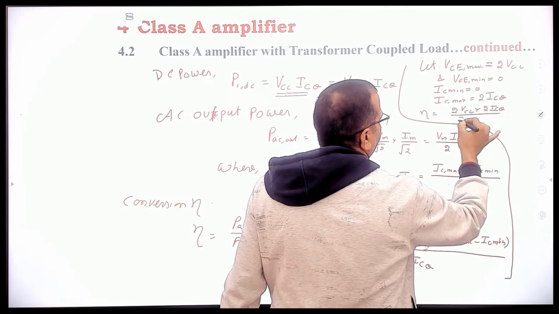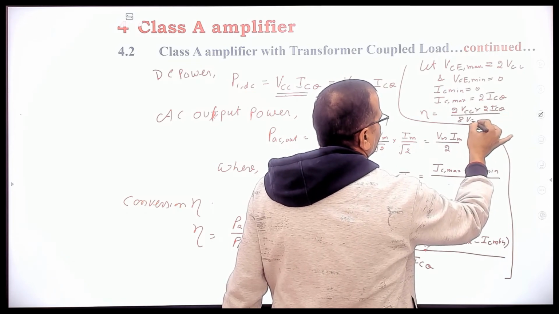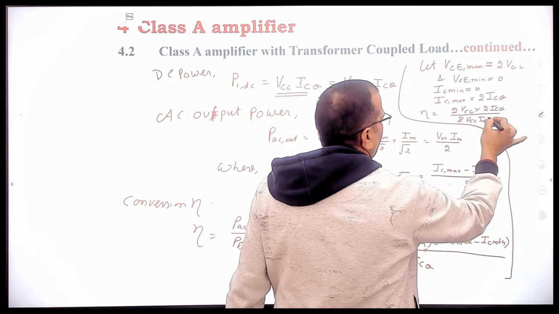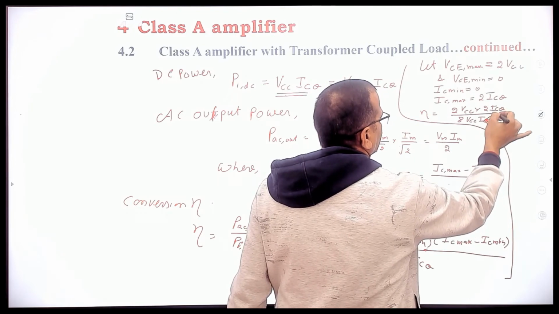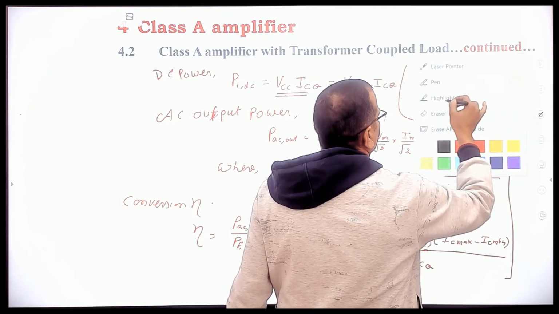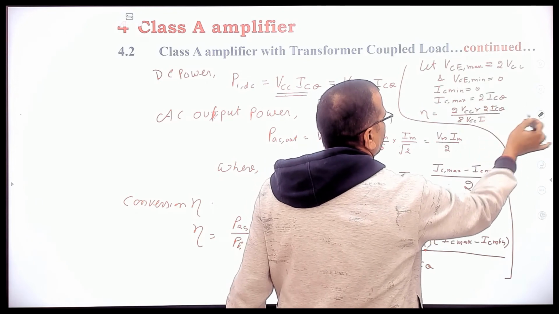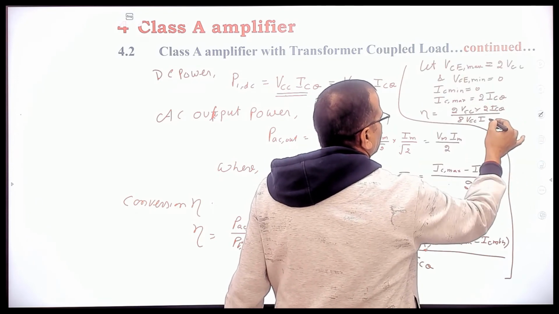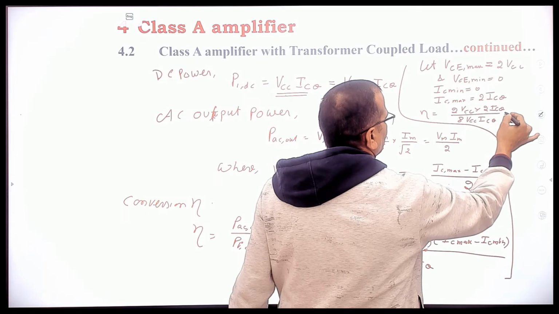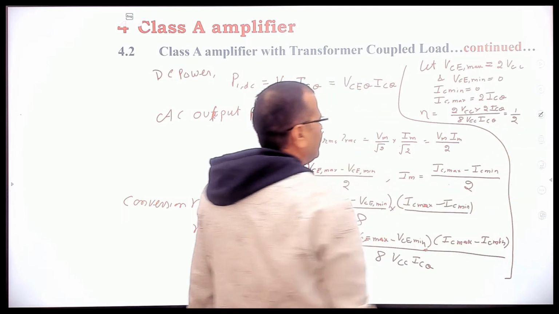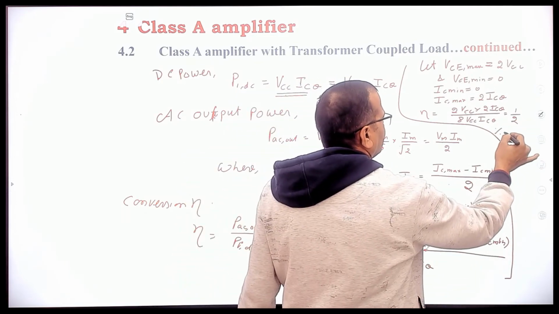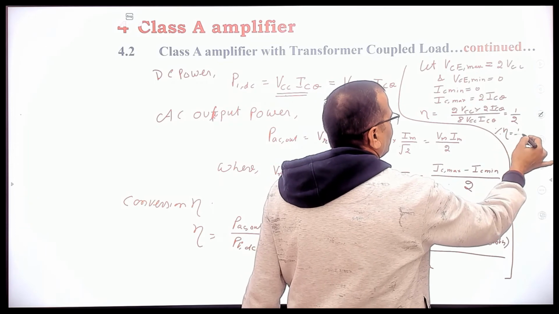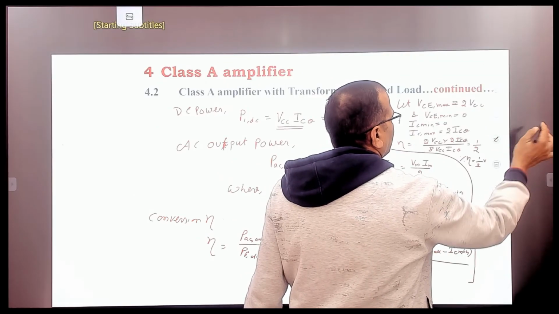Divided by 8 VCC into ICQ, and this ICQ is cancelled out, right? So this is equal to 1 by 2, and if you take percent efficiency, that will be 1 by 2 into 100, right?